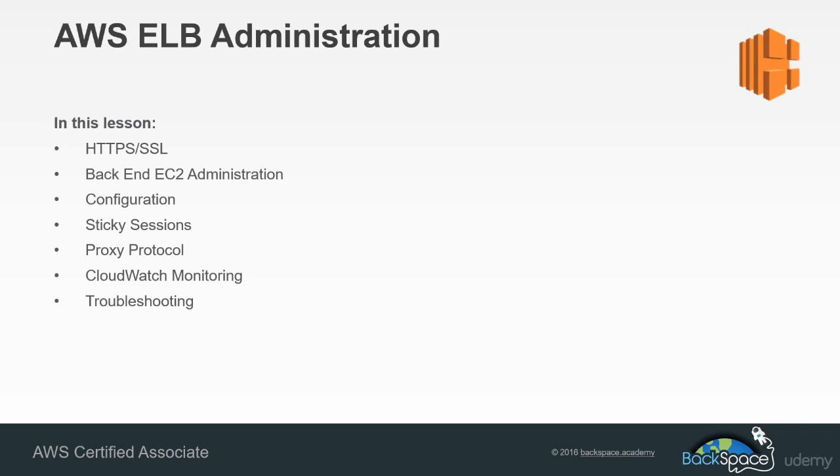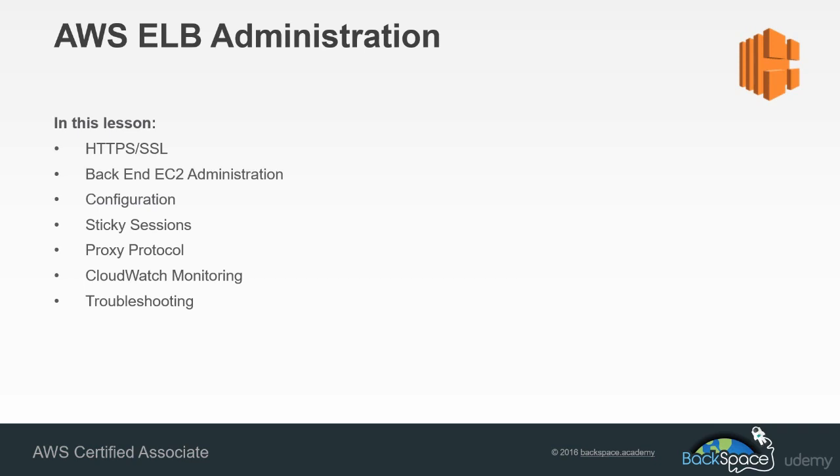So in this lesson, I'm going to go through HTTPS and setting that up, and look at back-end EC2 administration, what you would need to do behind an ELB with your back-end instances. I'll look at configuration of your ELB and the configuration settings that are available to you.